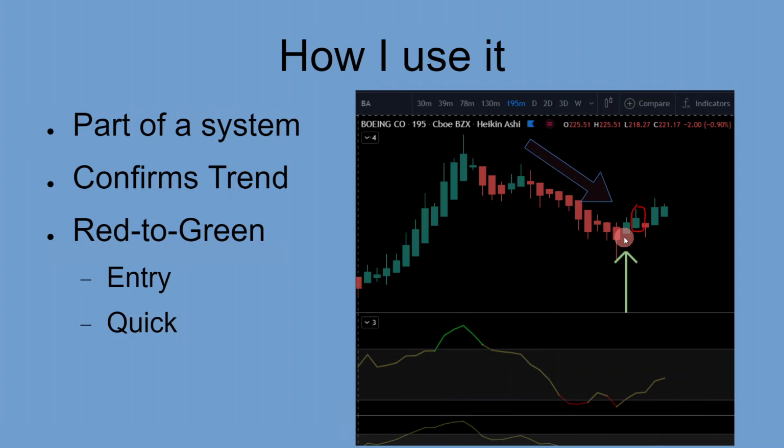That trend change occurs on this yellow arrow right here, and then we're going to be entering on this following candle when it turns green. Okay, and that's basically how I use it. I identify the trend change, find the oversold indicator, and get poised for an entry.